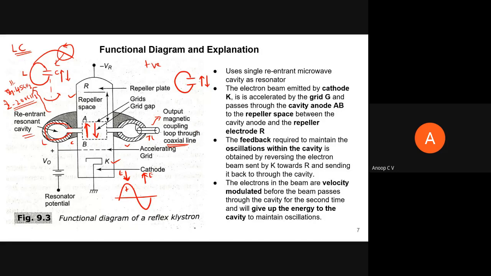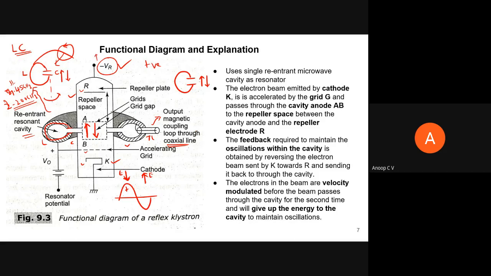So this is the structure of the reflex klystron. I'll repeat once again. It has a cathode, an accelerating grid, and a repeller. The accelerating grid is kept at a slightly higher positive potential compared to the cathode, and the repeller is kept at a high negative potential, a more negative value than the cathode voltage.